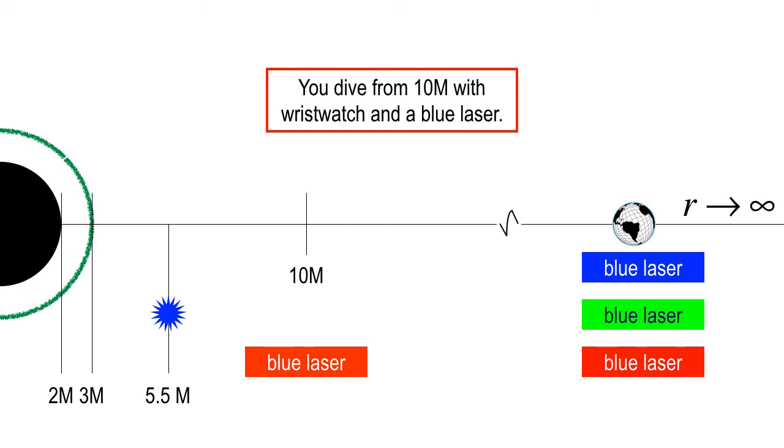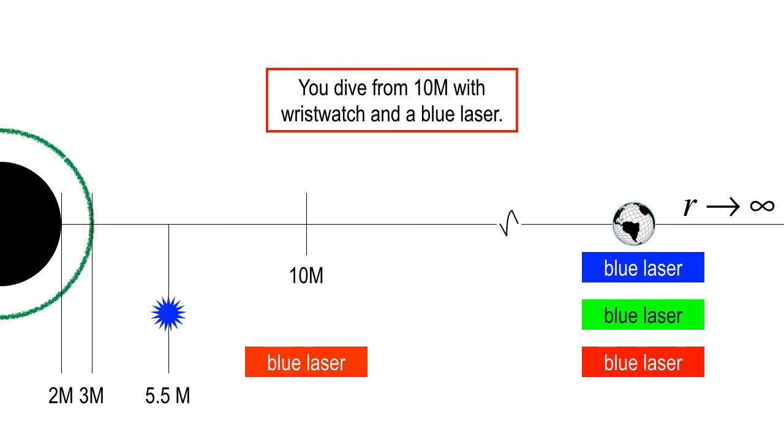All right, so you're at 5.5 m, and your wristwatch is just clicking along. And you've taken a finite amount of seconds to get from 10 m down to 5.5, and you're going to take a finite number of seconds to get into the event horizon and then through it. All right? But your outgoing signals are redshifted.